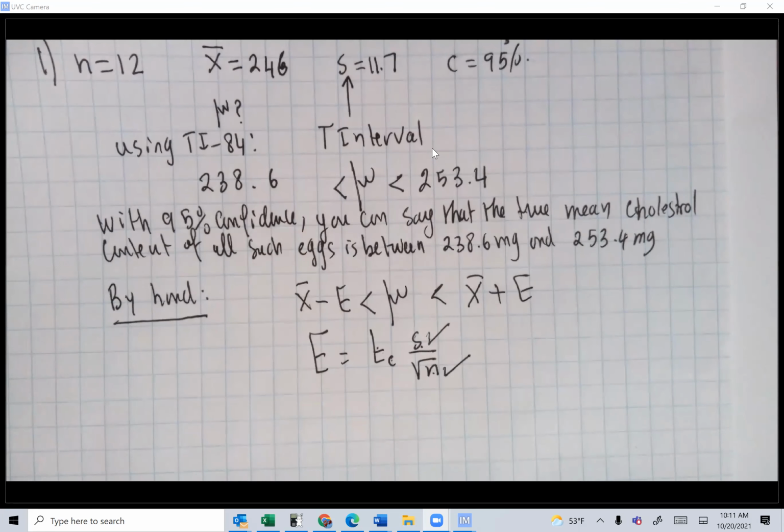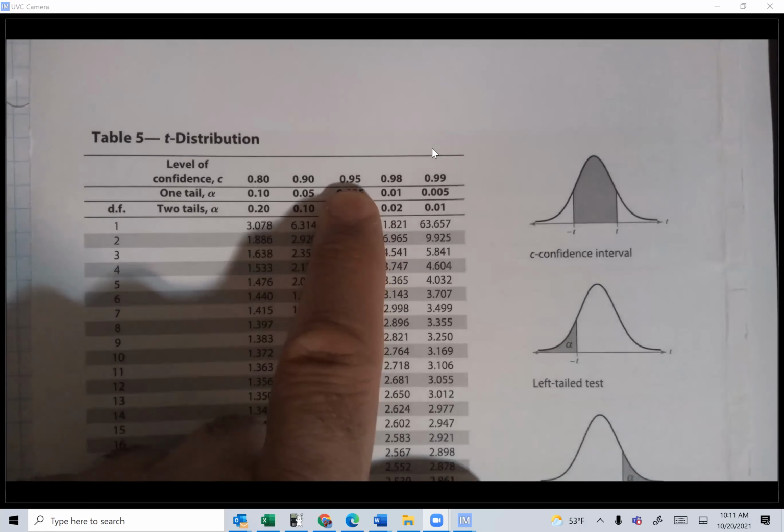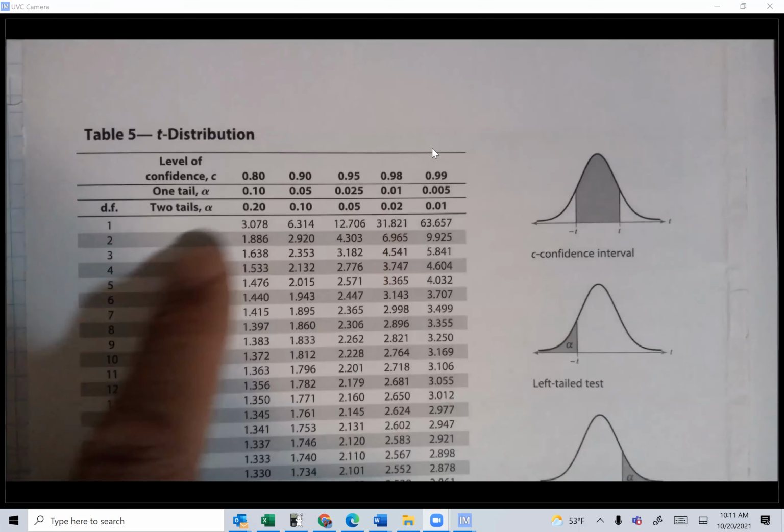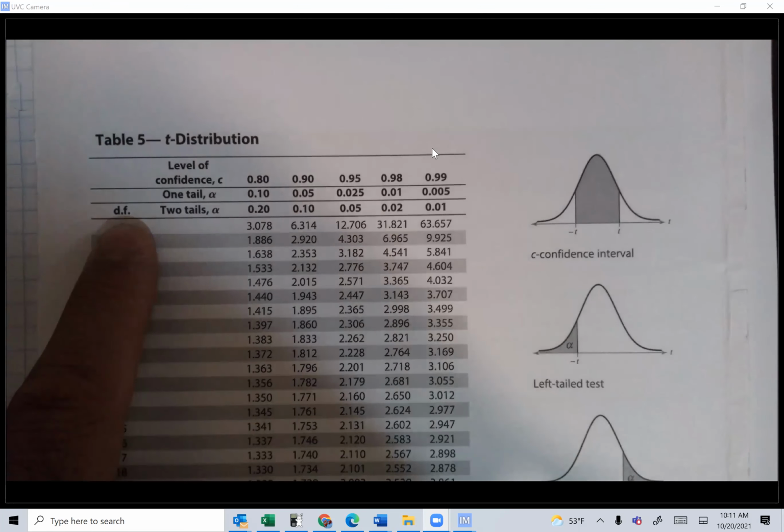And watch. What's the sample size? 12. And what's the confidence level? 95%. Look, guys, there's the table. That's 95%. Here it says degrees of freedom, which is the sample size minus 1. Since my sample size is 12, 12 minus 1 is 11, guys.